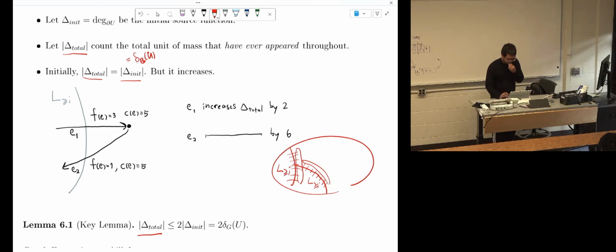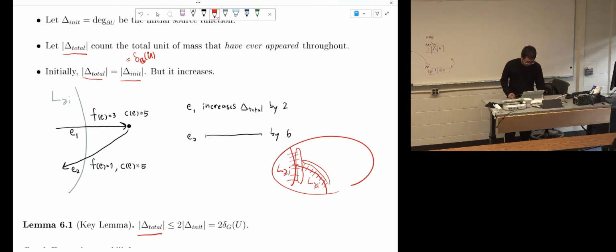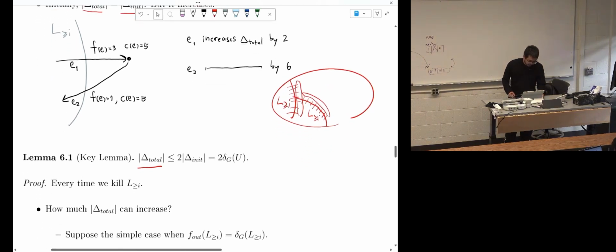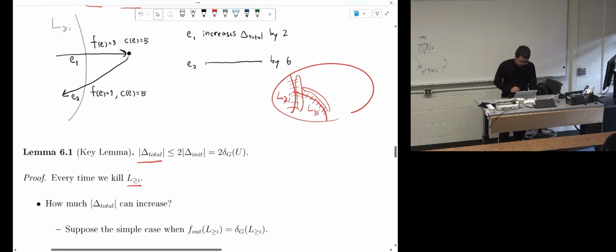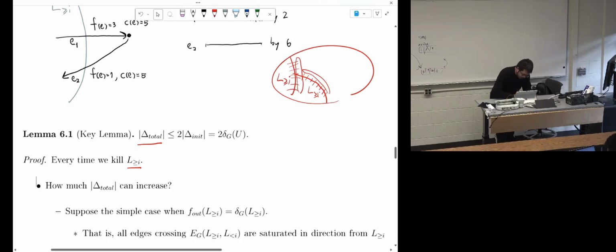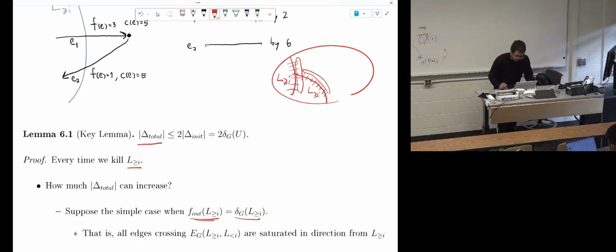So why is this? Let's consider every time that we kill a cut, the sparse cut in GCon. How much can the total source increase? So suppose in the simple case that the flow out of the cut is just saturated. I mean that I have the part of the queue, and this is a live part.